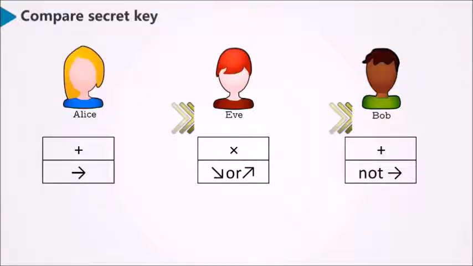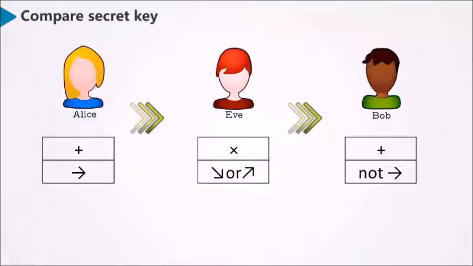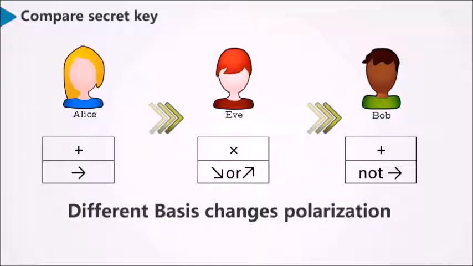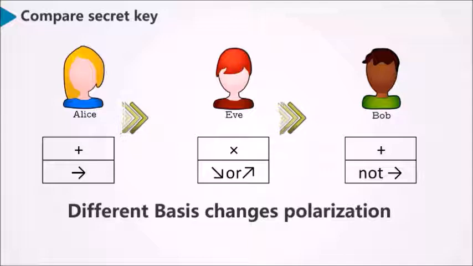However, Eve still has a 50% chance to choose a basis which is different from the one Alice used. In this case, different bases will change photons' polarization. After Eve sends the changed photon to Bob, Bob's measurement will be different from Alice's result.